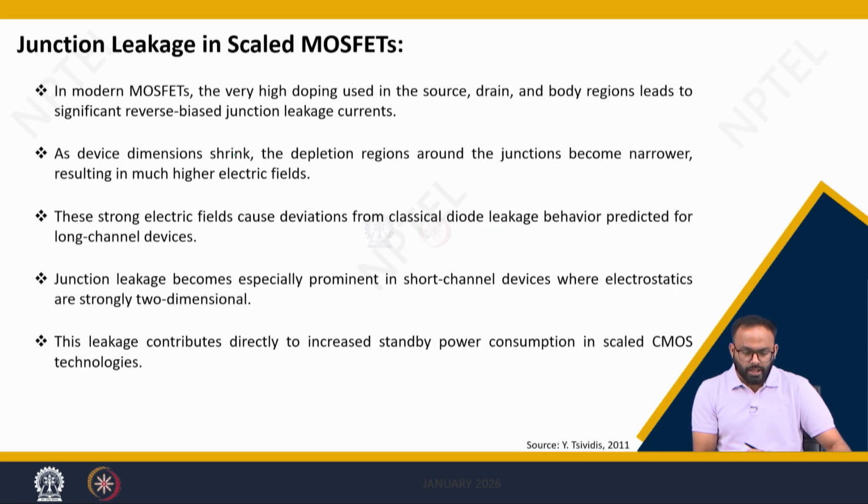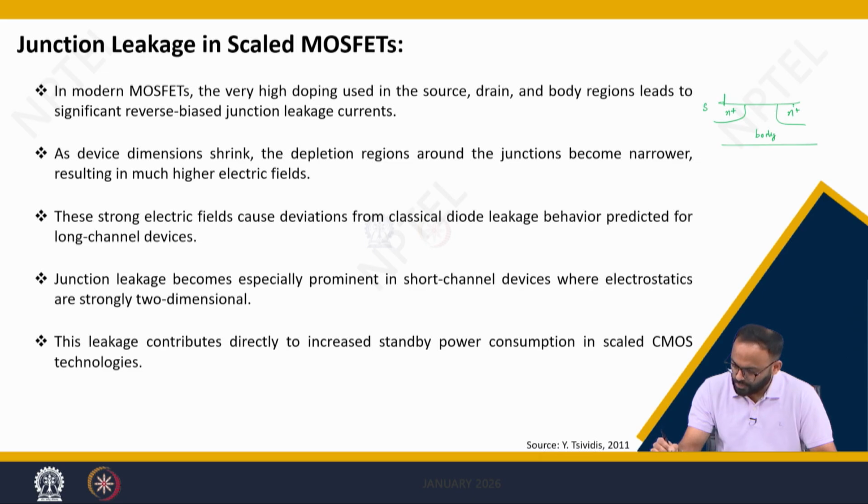Now, let us see what is junction leakage in scaled MOSFET. If you see the MOSFET, we do have junctions, that is the junction between body and drain and the junction between body and source. So, this is source, this is drain.